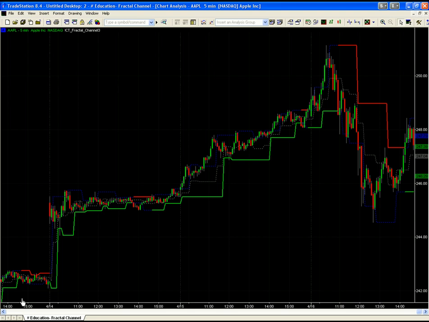If you're in a trade and you stay below this fractal channel by a little bit of a tick buffer, what we call, you've got to allow some room for this just to peak out like this and then go right back in. So if you follow this and leave some room, you basically will stay in this trade the whole time until you got out of the trade up here when it finally broke down.